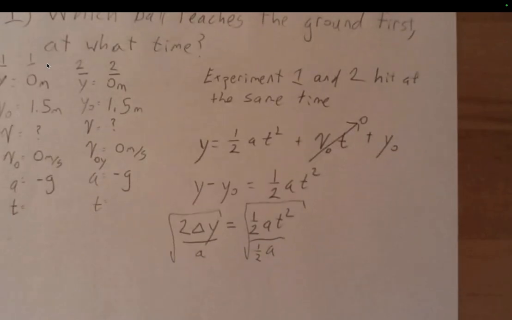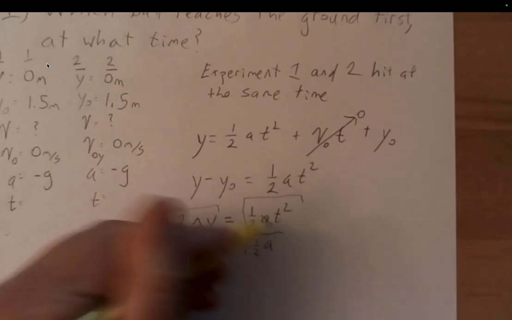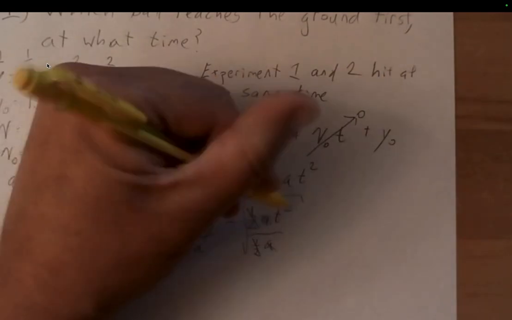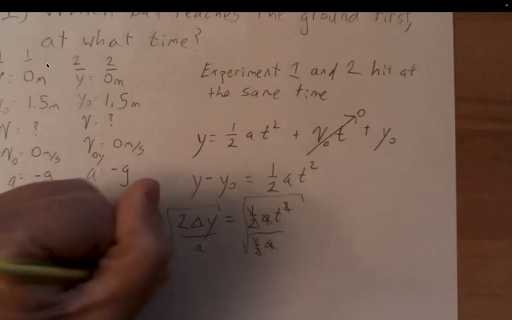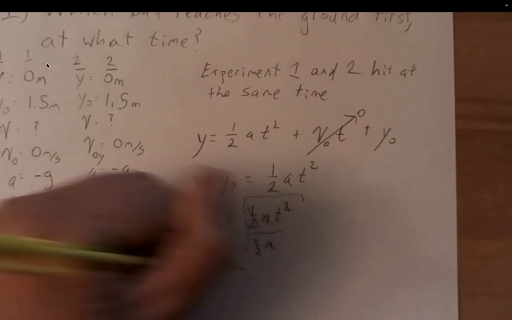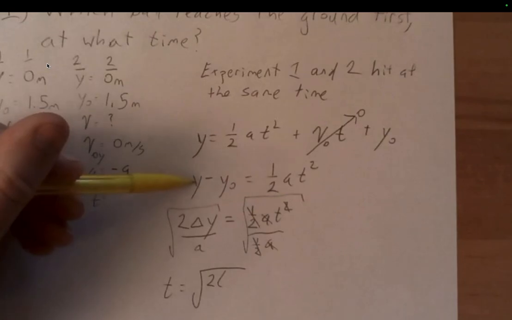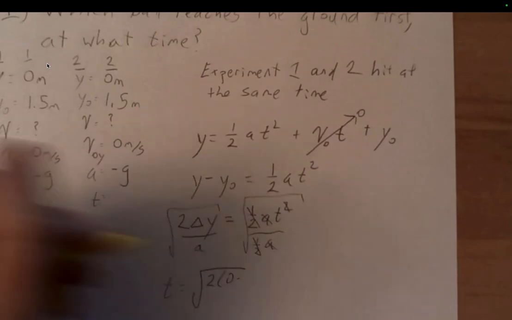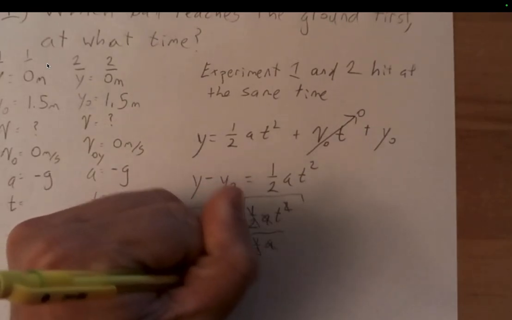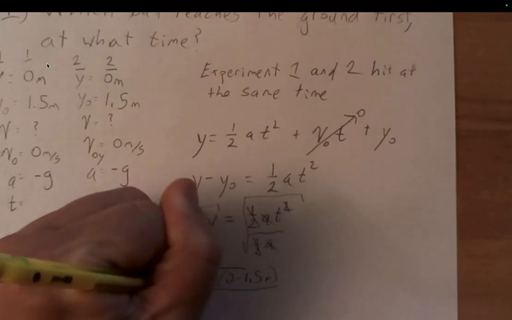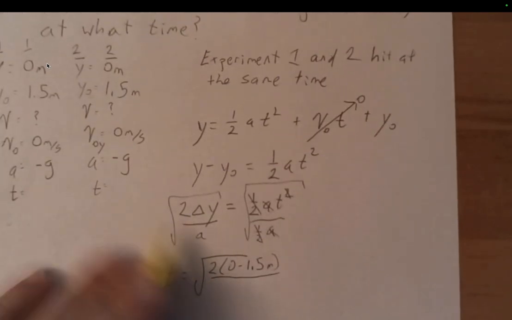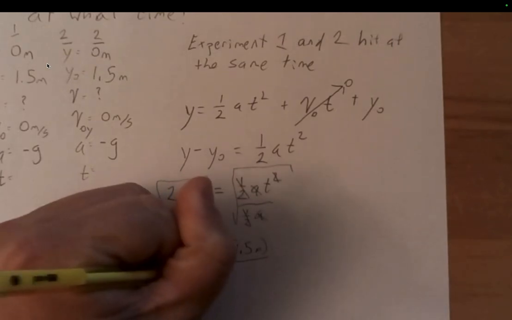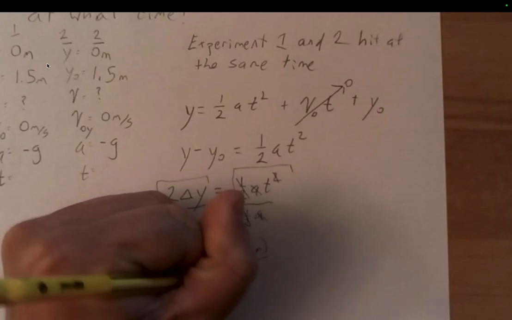So now in terms of our variables, acceleration is gone, the 1/2 is gone, the square root gets rid of the squared. So now our t is the square root of 2 times (y minus y naught, which would be 0 minus 1.5) divided by a, which is negative g, so negative 10 meters per second squared.